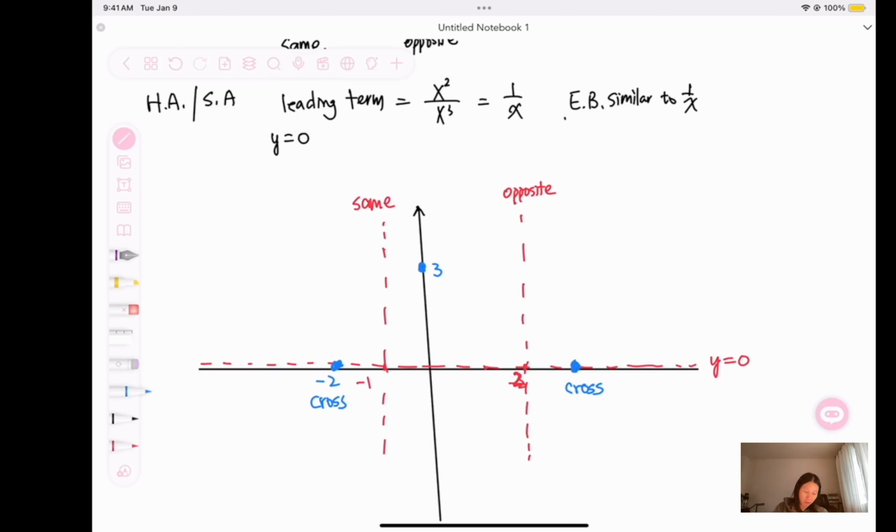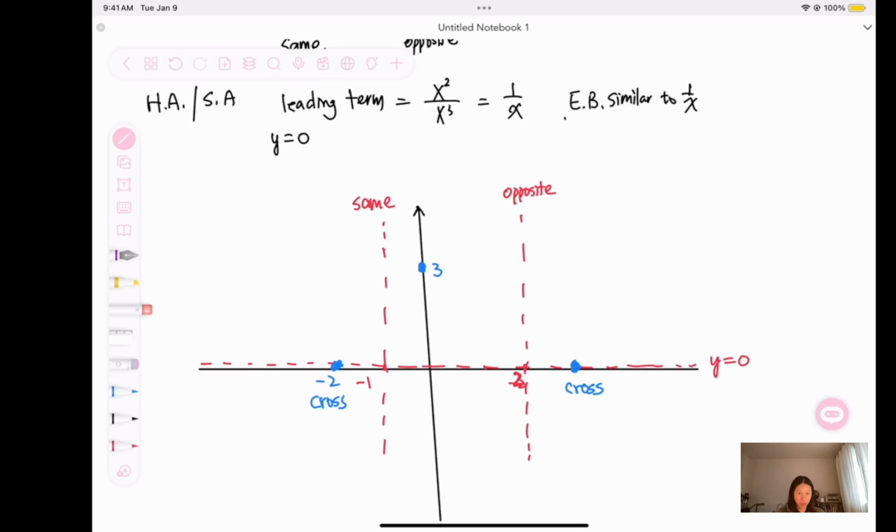Now, when we look at this graph, it's a little bit hard to start with. We don't know where we should start the graph. Here are a couple of options: is it going to start in here or start in here? If we don't know, one way to do it is to substitute a number to check whether it's above 0 or below 0.